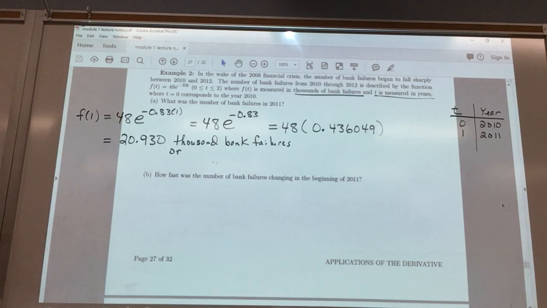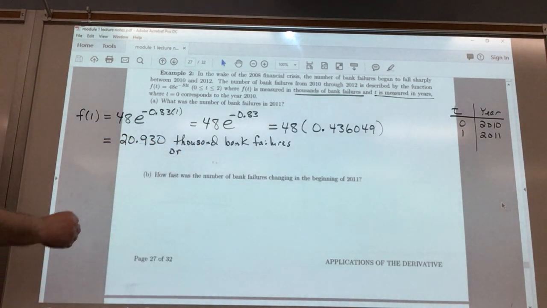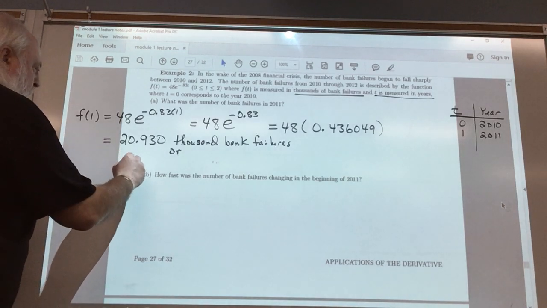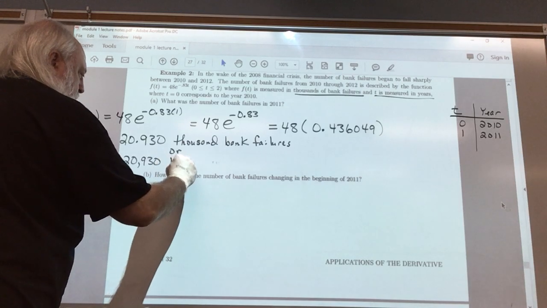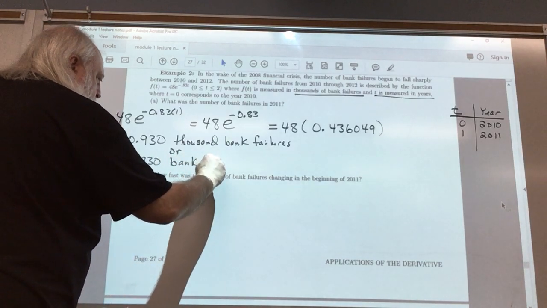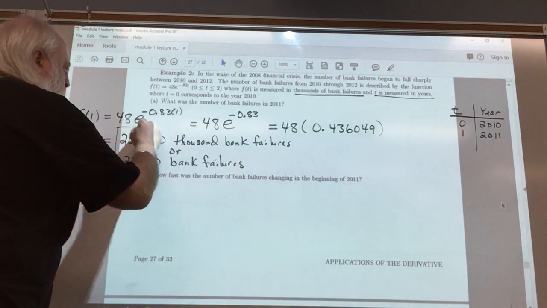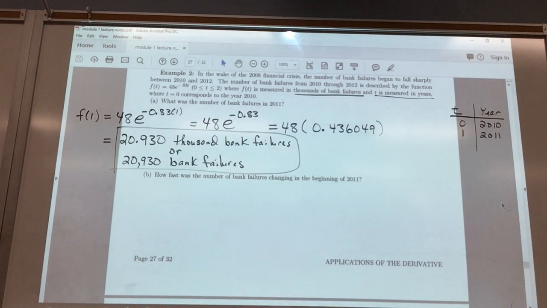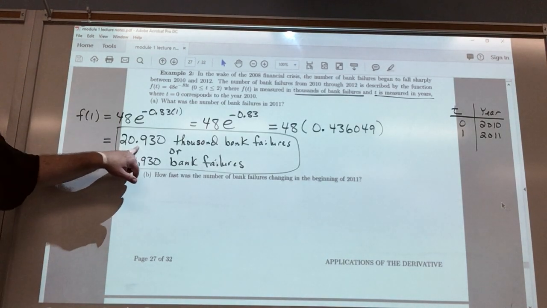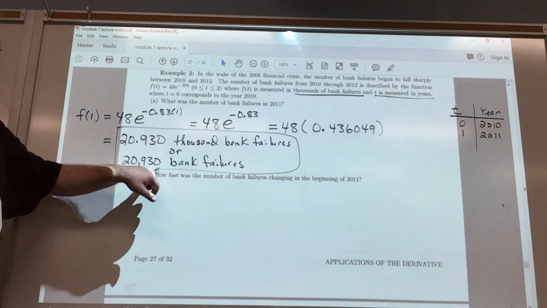And again, you multiply this number by 1,000, and the number of bank failures is 20,930. 20.930 thousand bank failures is the same as 20,930 bank failures.